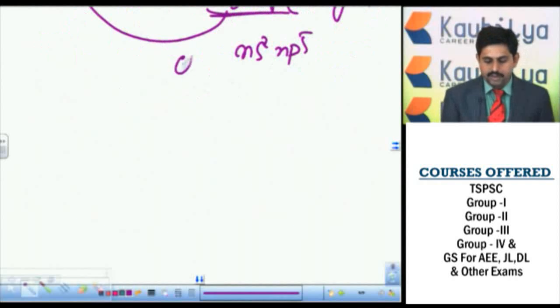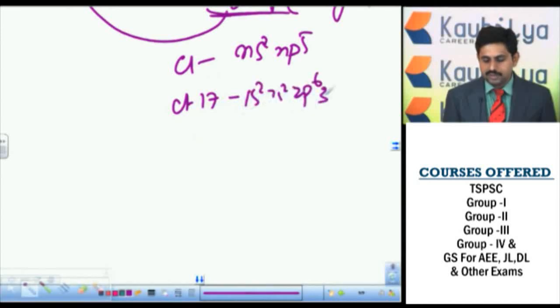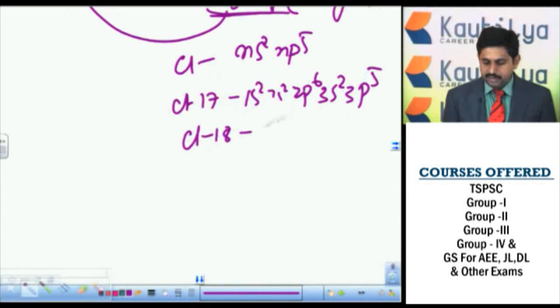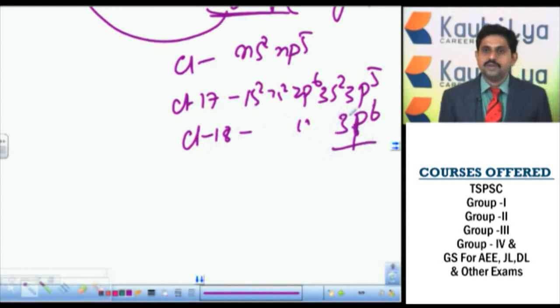For example, chlorine: atomic number is 17, which means 1s2, 2s2, 2p6, that is 10 electrons over, then 3s2, 3p5. So if chlorine accepts one electron, it will become 18, that is 3p6. So if it accepts one electron, it will become stable.